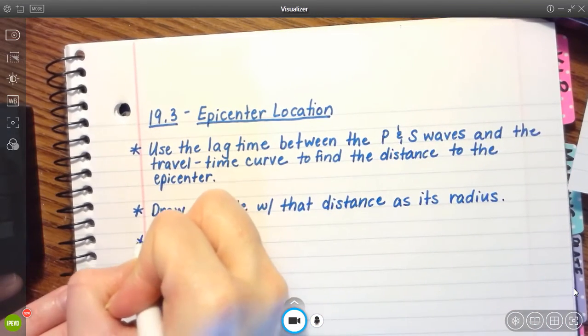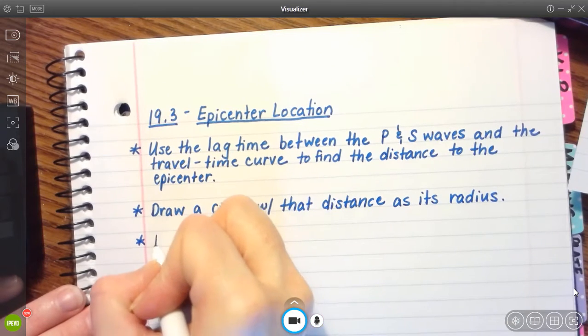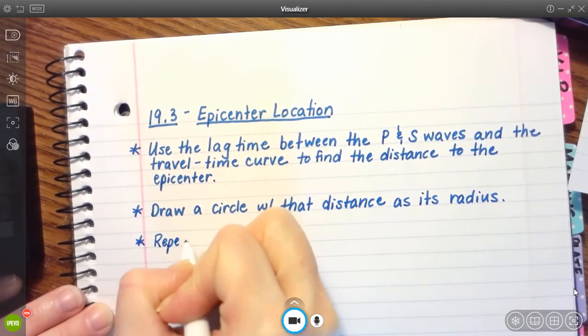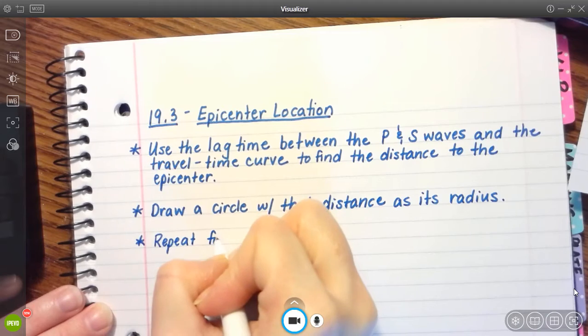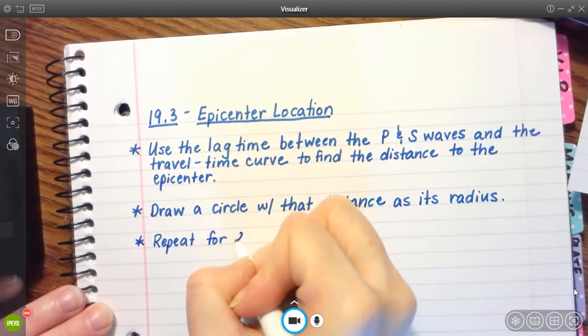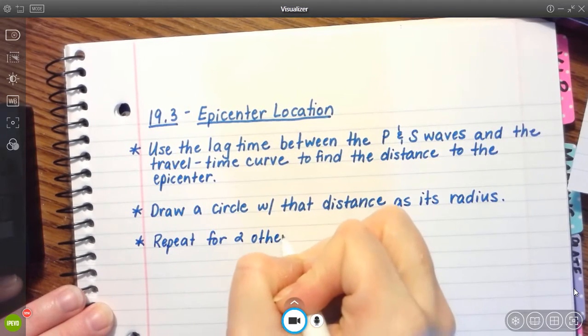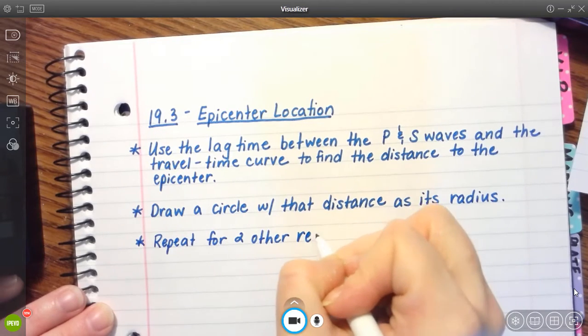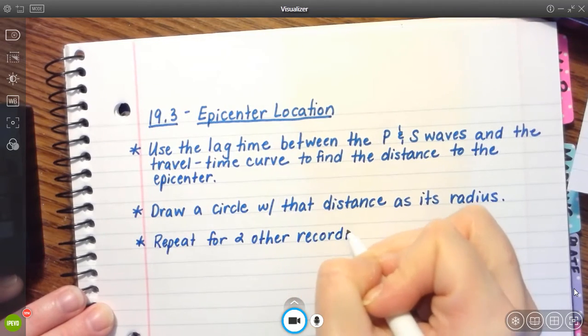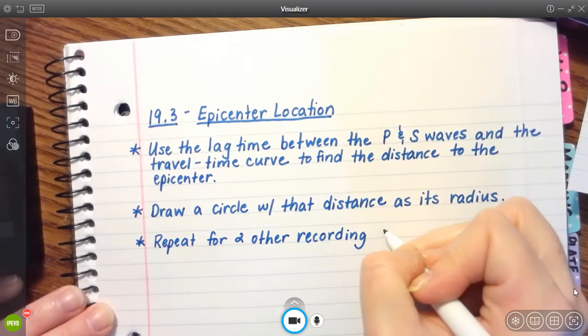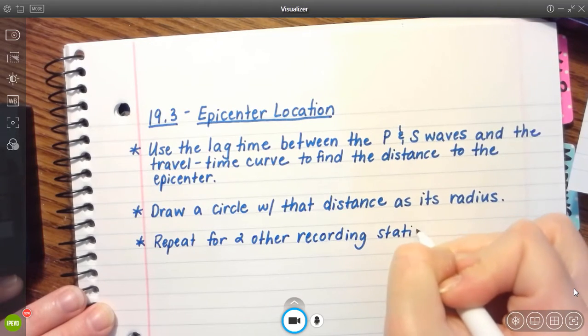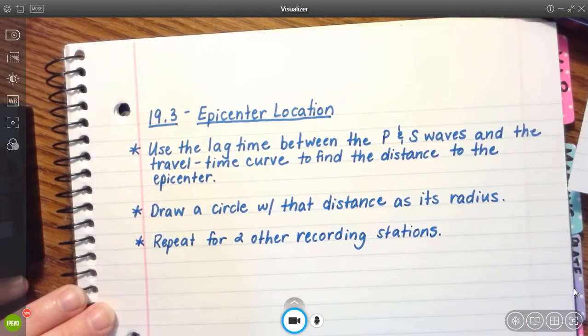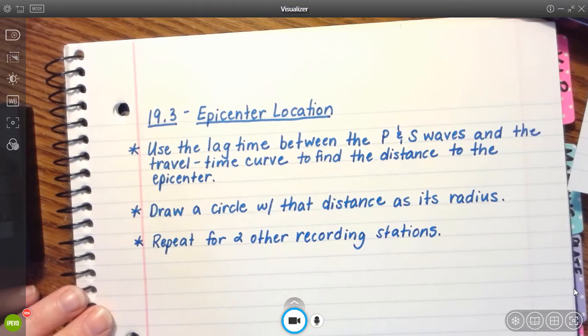And then you need to repeat that for two other recording stations. Anywhere that you have a seismometer placed on planet Earth, that's known as a recording station. So you need data or information from 3 different stations in order to plot the epicenter of your earthquake.